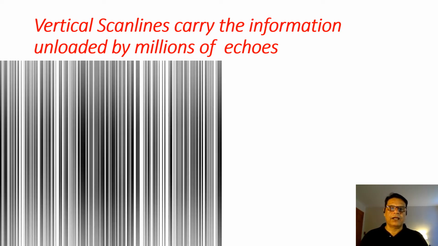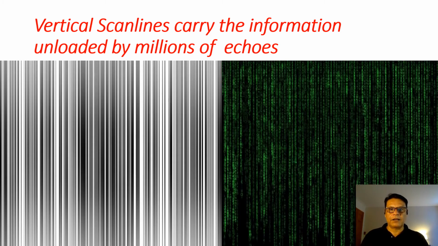So these vertical lines, I told you that these are not just lines, but they are loaded with information. These scan lines are loaded with information, and it's up to you whether you are able to read this information or not.